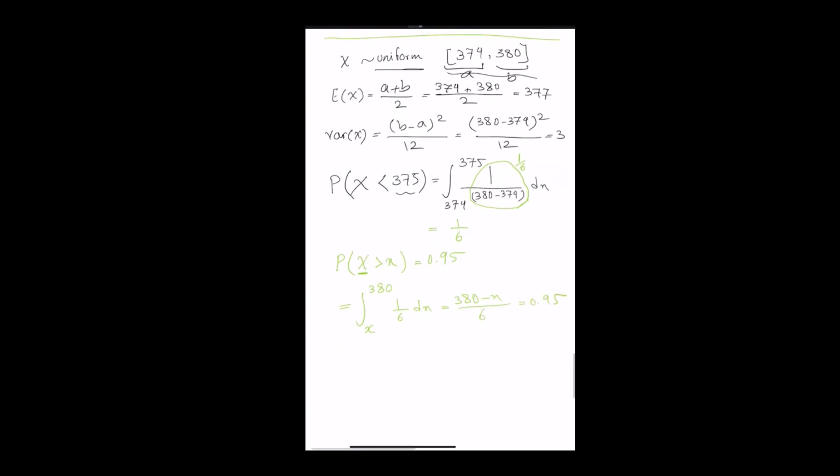It's the integral of f of x from x to the upper bound, 380, and that's going to be (380 minus x) over 6 equals 0.95. Just do the calculations. Whatever you find for x is the volume such that 95% of the containers' volume exceeds this value.